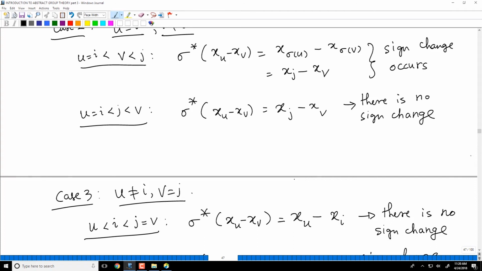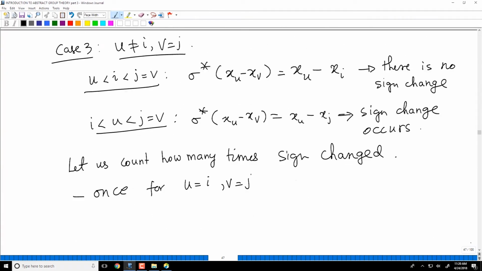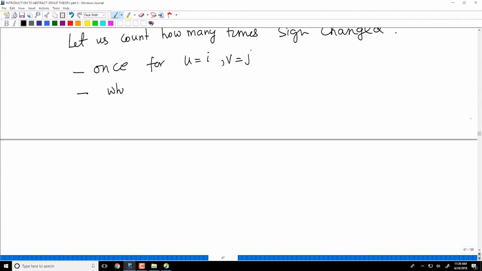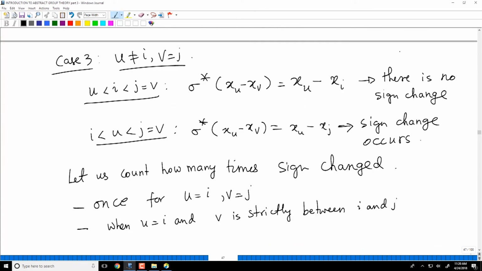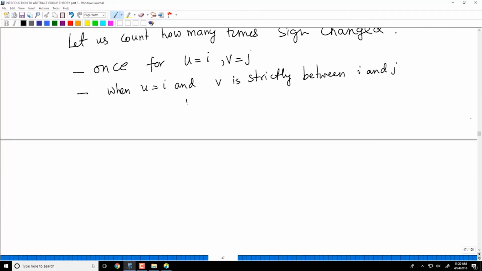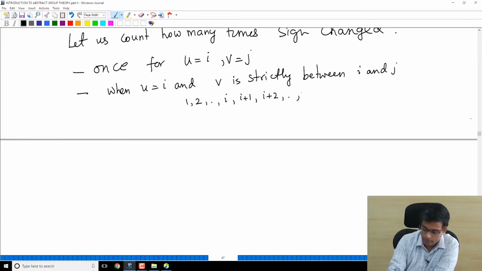So it happens when u is i and v is strictly between i and j. How many numbers are strictly between i and j? So if you list all the numbers 1, 2, ..., i, then you have i plus 1, i plus 2, ..., j minus 1 and j.